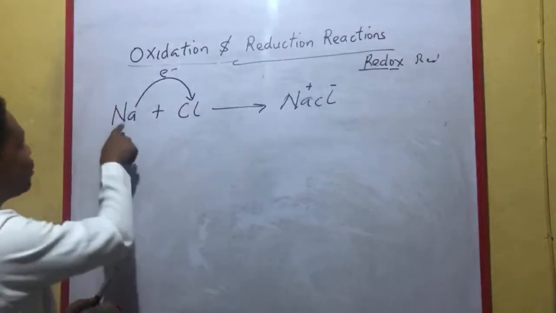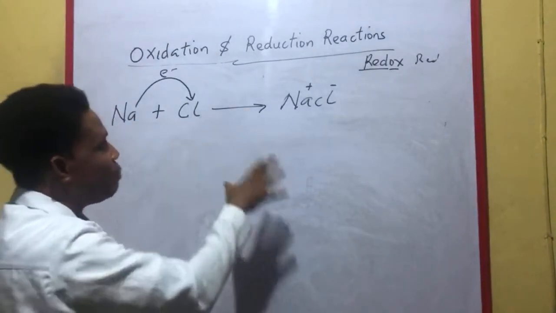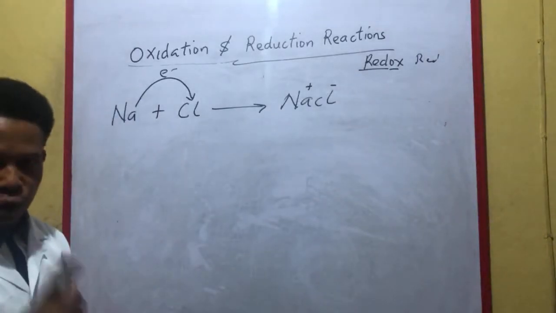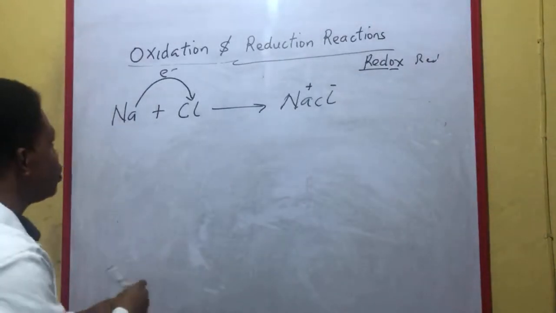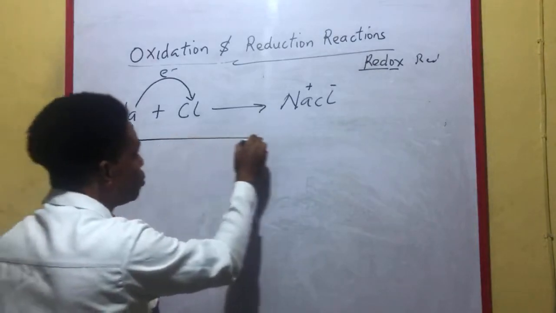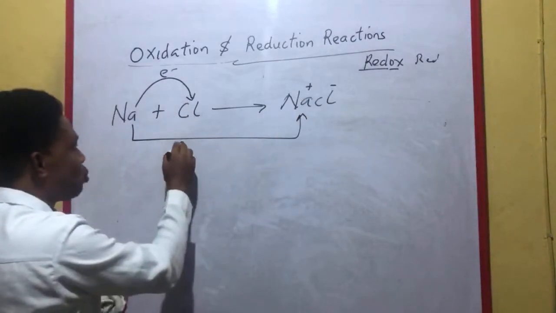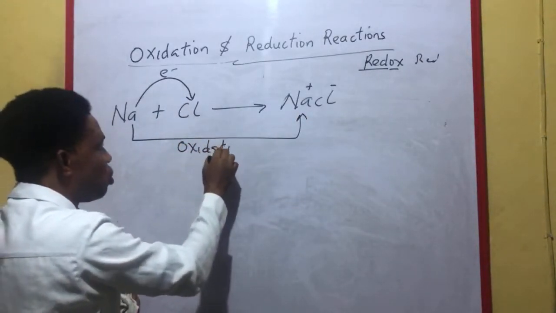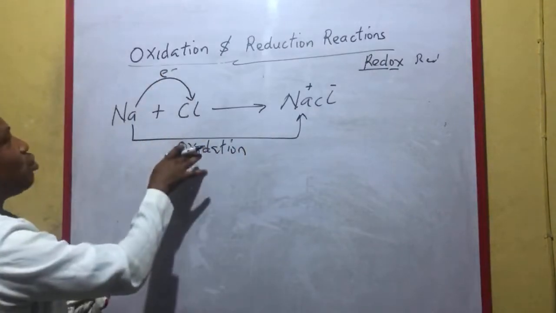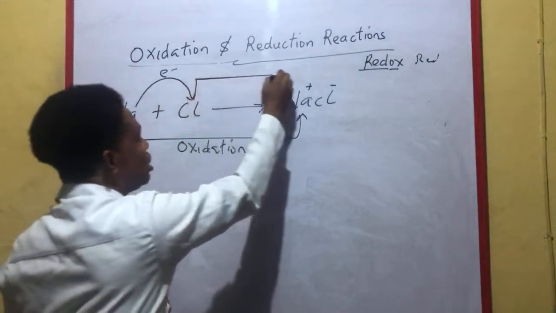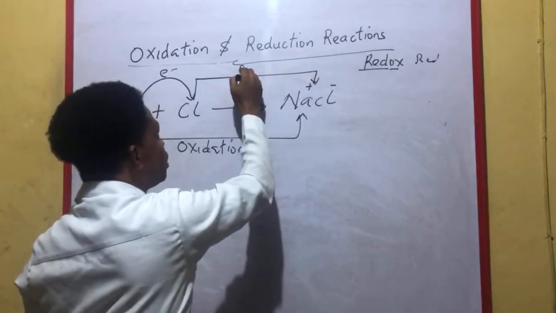So if you look at sodium and chlorine, which of them is losing electrons? Of course, sodium. So sodium is undergoing oxidation. So that process is oxidation. While chlorine is undergoing what? Reduction.